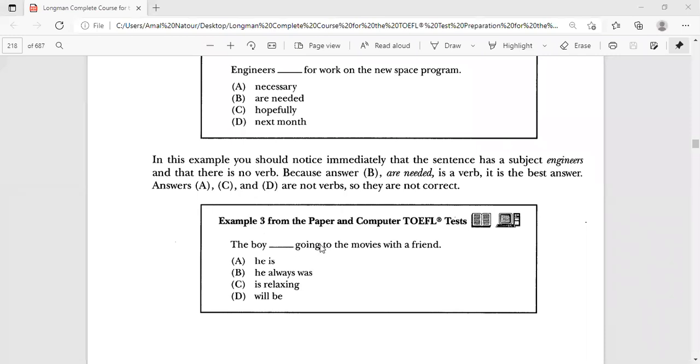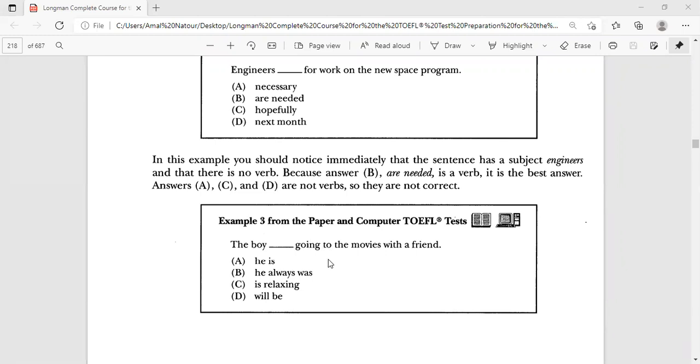Going is part of the verb, but it is not the complete verb. So something is missing before the part of the verb, the part which completes the verb.